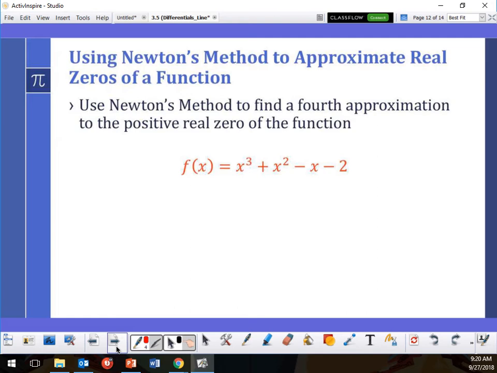Let's start off with 1 and 2. If my a and b are 1 and 2, I'm just guessing. So the intermediate value theorem says that somewhere in there, if they change signs, then what?